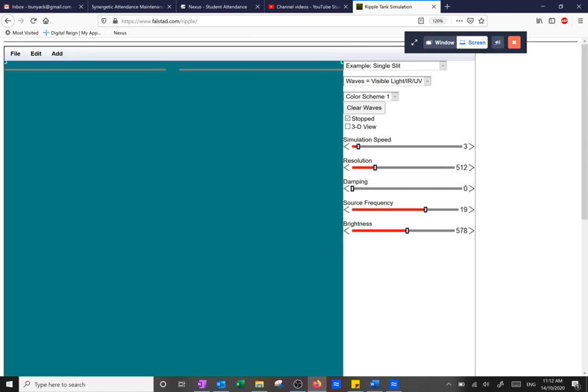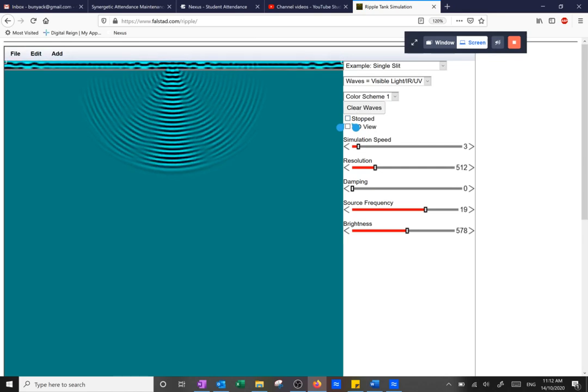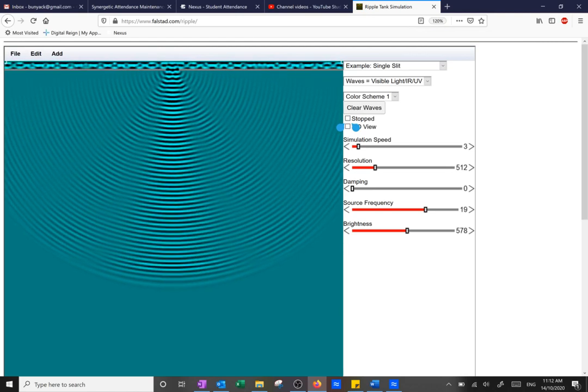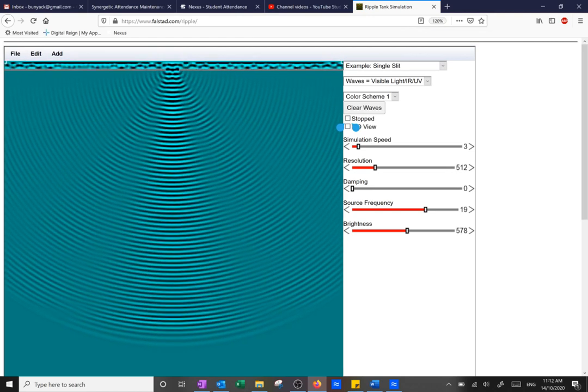So we're going to have wavefronts up the top, and there's a small slit just here, and we're going to pass the waves through, and the waves seem to spread out. They don't just travel in a parallel column; they actually spread out, and this is Huygens' principle at work.